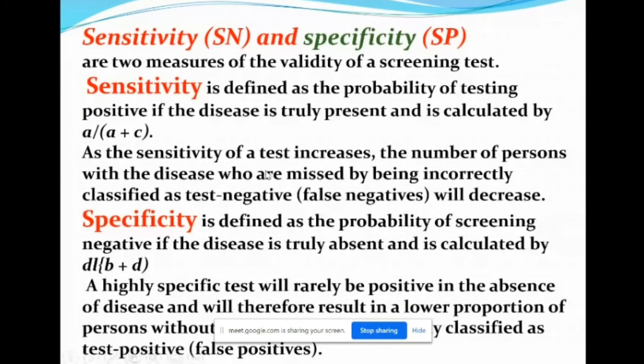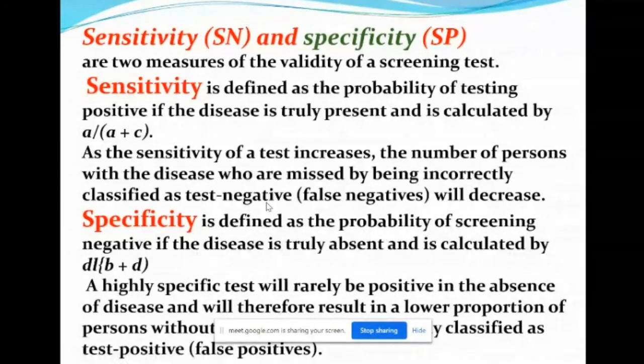So as we described earlier, sensitivity is the probability of testing positive if the disease is truly present, and is calculated by A out of A plus C. Of course, when we increase sensitivity, the number of persons with the disease who are missed by being incorrectly classified as test negative will decrease.